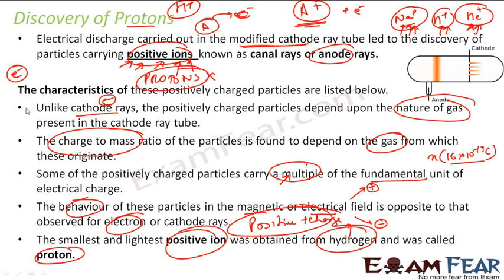So initially they started with positive ions and found a lot of discrepancy, because the charge to mass ratio varied based on the gas. They found the charge was a multiple of a fundamental unit, probably the smallest charge. To make it simple, they used the hydrogen ion, which has only one unit charge, and that's how they got the proton.